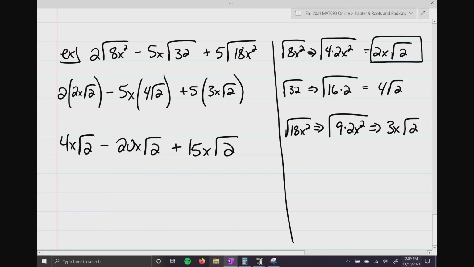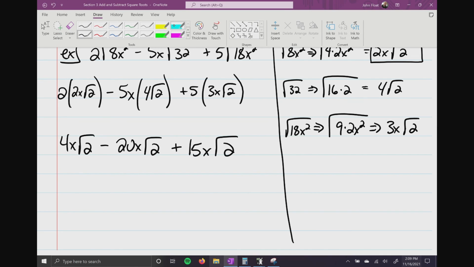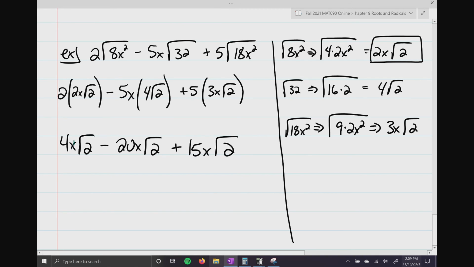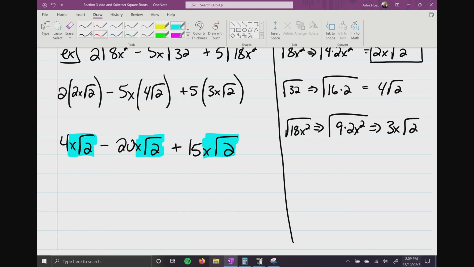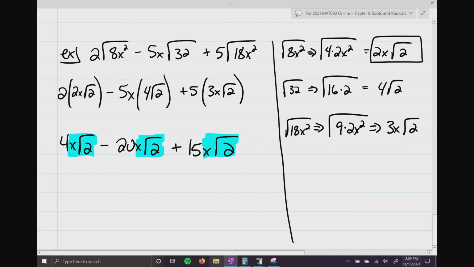Now, I got to pull my highlighter out here because I need you to see this. Notice each one of these terms, and you got to be careful because now not only do they have variables that have to match, but they also have radicals that have to match as well.